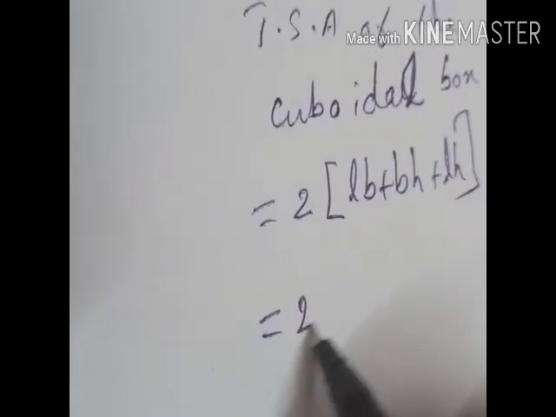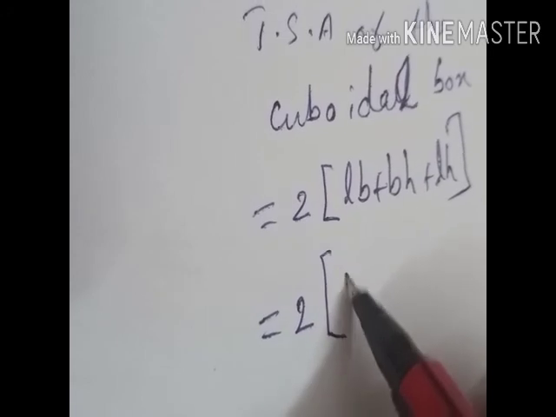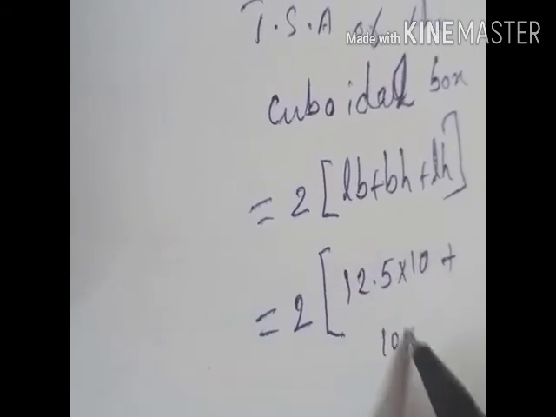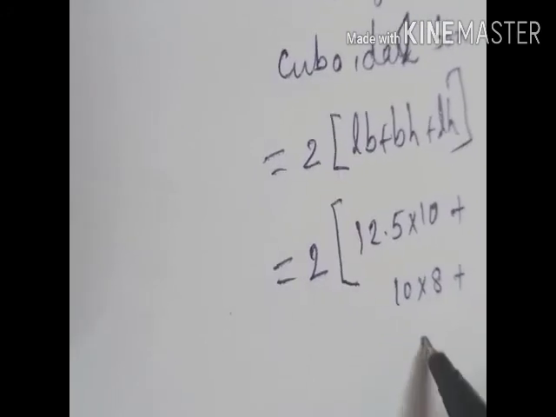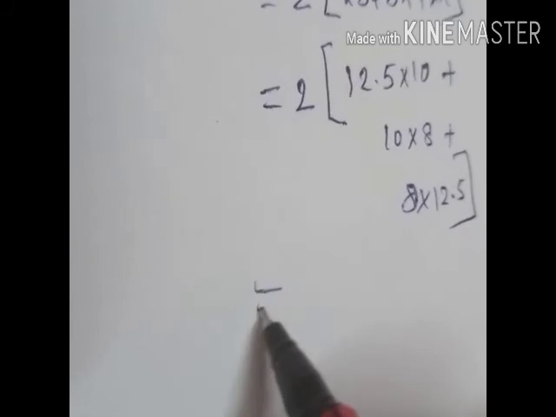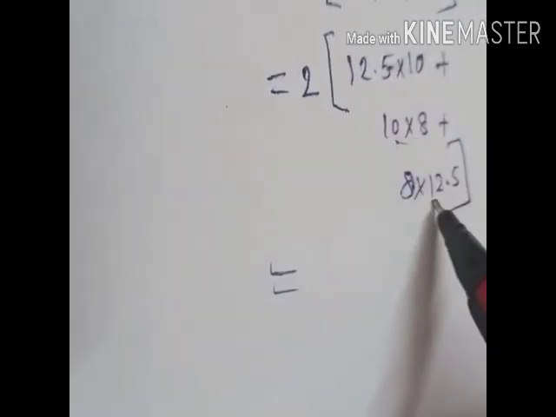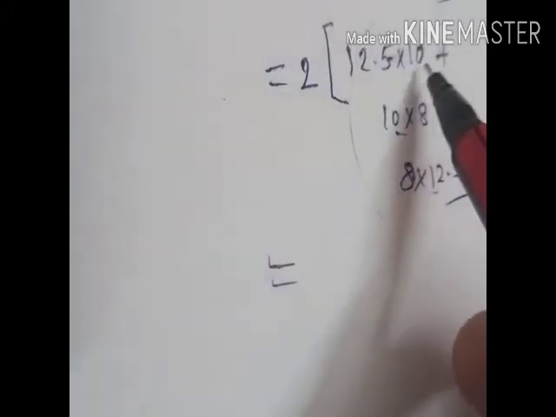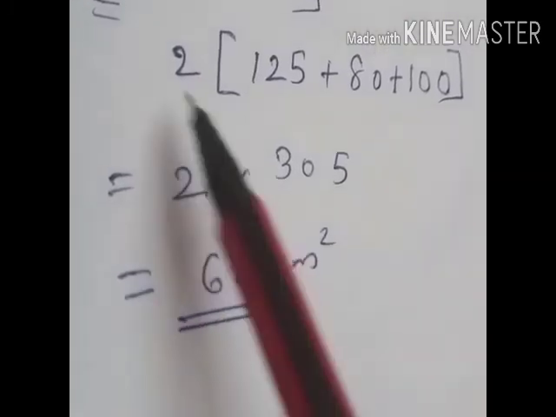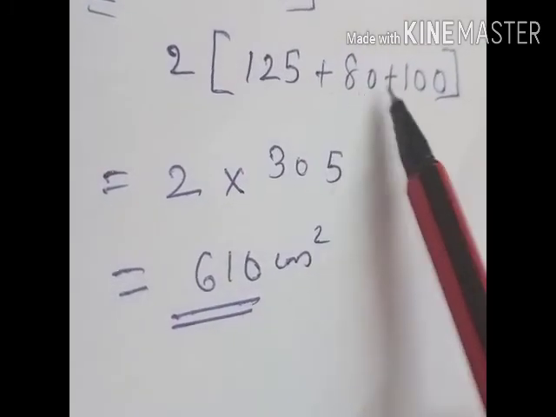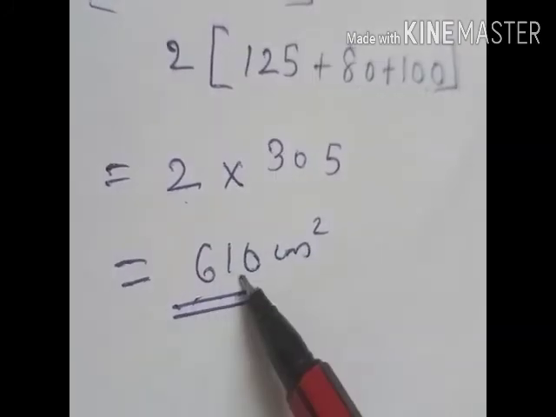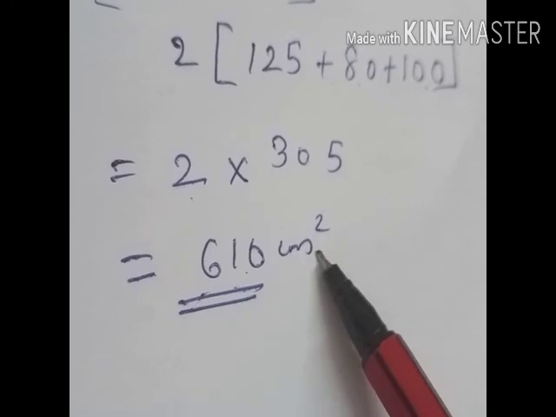So we have to substitute the values. 2 into (12.5 into 10 plus 10 into 8 plus 8 into 12.5). Then we have to find the product of these three and add them, then multiply that by 2. That is 2 into (125 plus 80 plus 100). That is 2 into 305 equals 610 centimeter square.